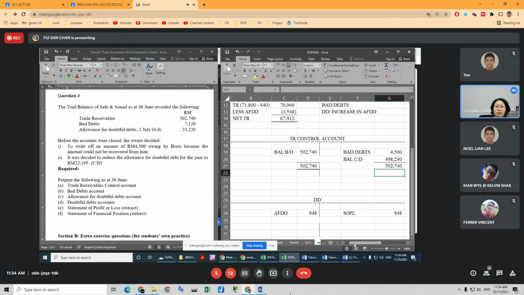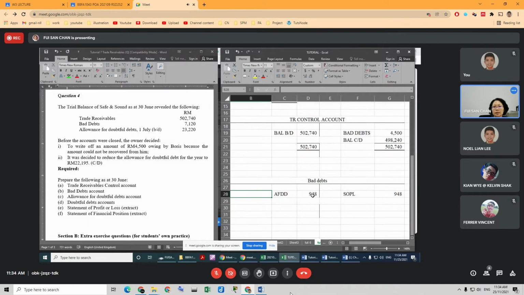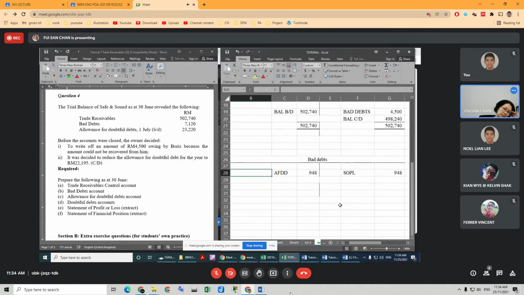Now next is bad debts. Because this one we do month by month, let's say this is June. So now meaning we are in July, there will be an opening balance, right? It's an expense, so it's on the debit.